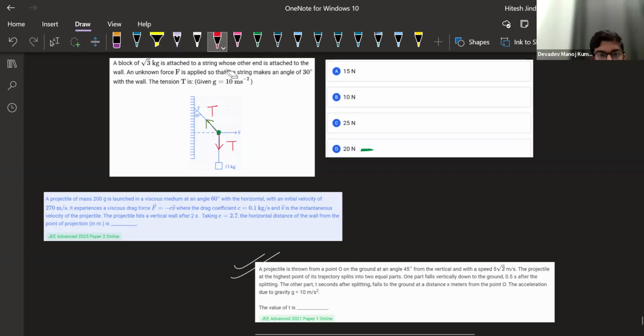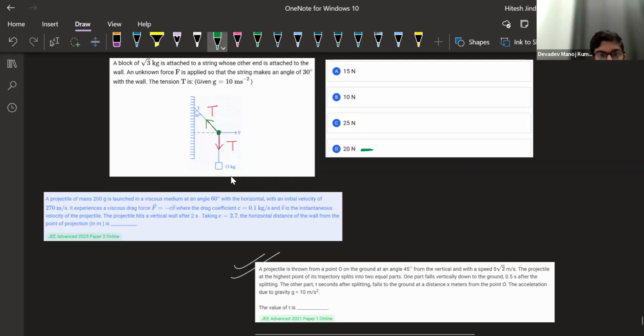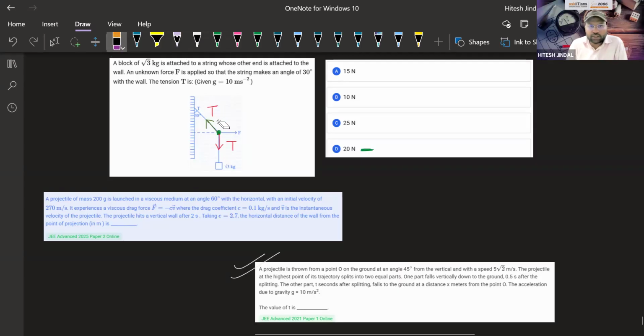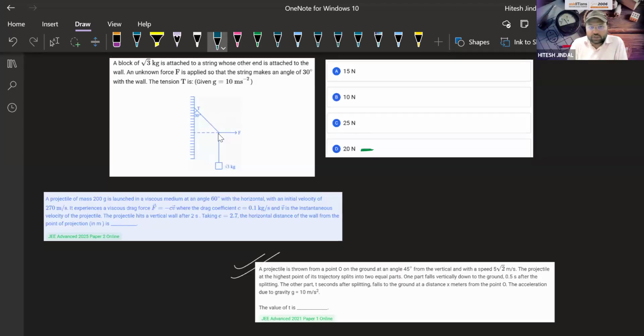Yes, sir. You do it the same way. No, I think the tension would be different, right? Sir, it's one string. The tension will be the same. In this string, we have the same tension. You have taken the tension to be the same.